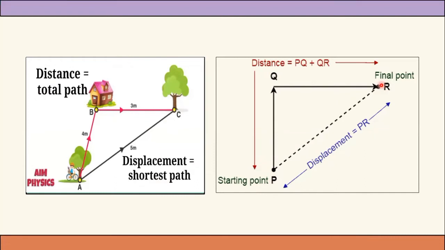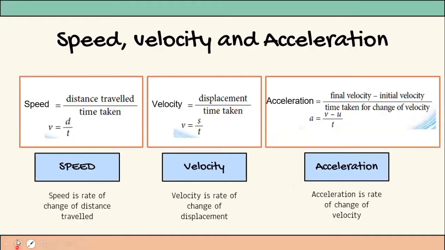So now let's see how to determine the speed, velocity, and acceleration. Before we determine them, we must know the formula used. Basically, speed is a rate of change.